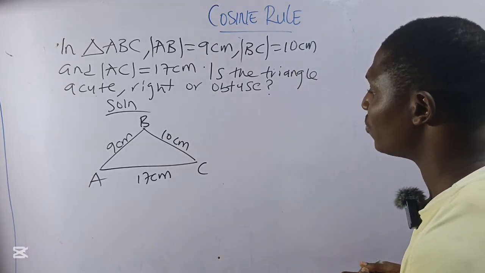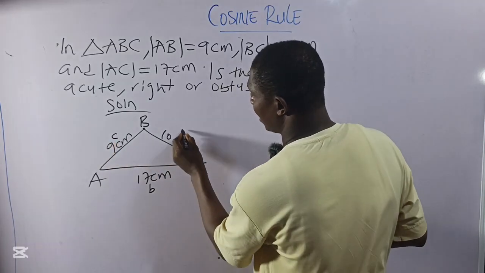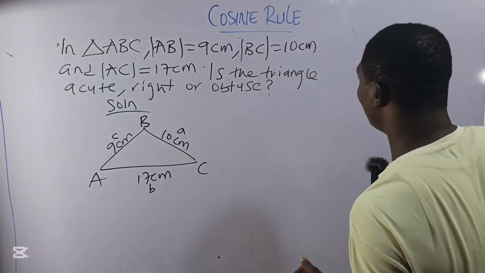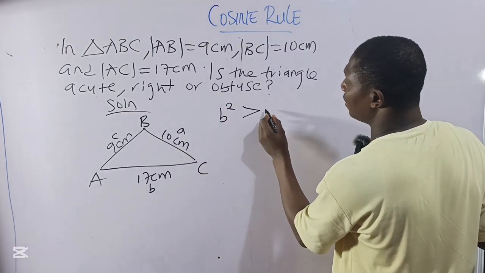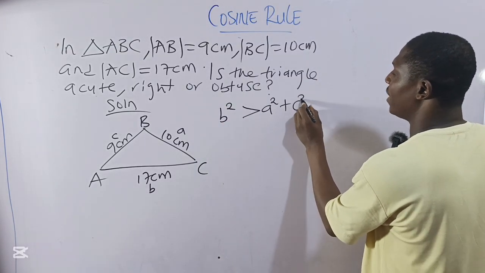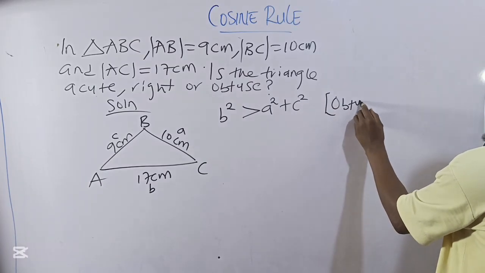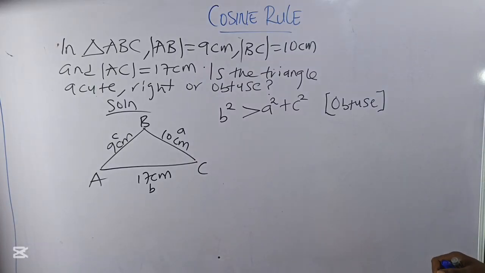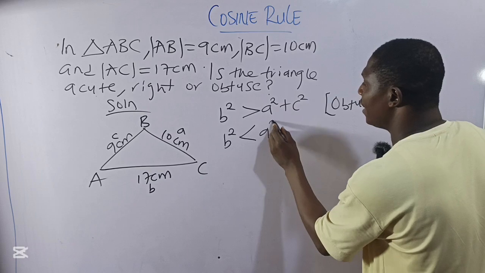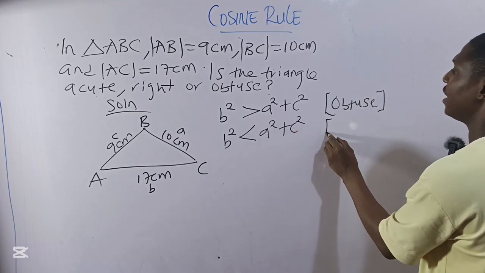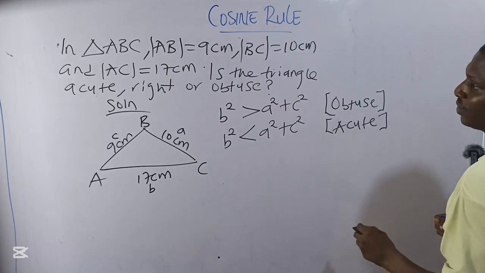Right. So let me write it out. This becomes my B, this is my small letter C, and this is my small letter A. So I said, if B square is greater than A square plus C square, the triangle will be what? Obtuse. If B square is less than A square plus C square, then we have an acute triangle. Take note.